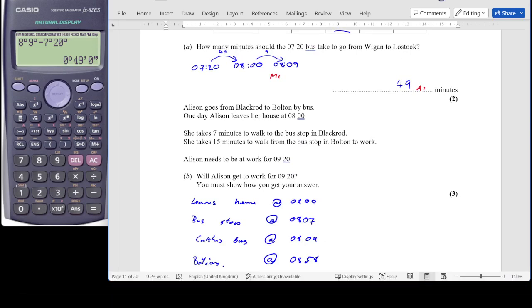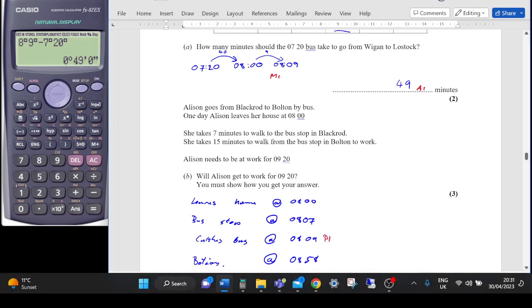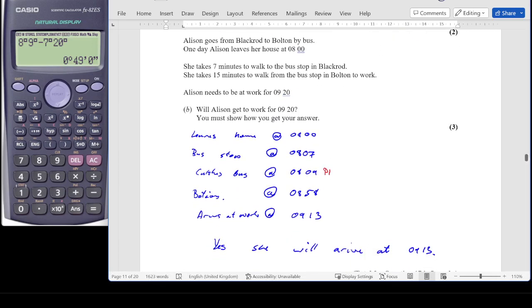Let me just read that again. This mark is given for the process to find the time of arrival in Bolton. Okay, so that's our P1 mark. Then a P1 mark for adding 15 to that. Actually, I've put that P1 in the wrong place. So P1 goes there, P1 goes there, and then C1 for yes.